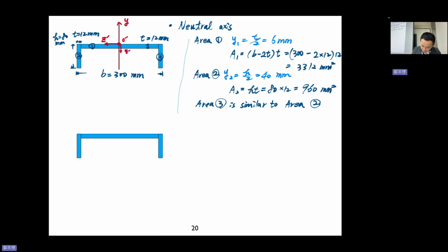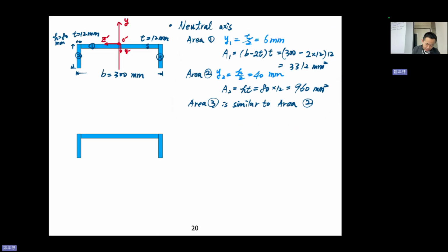Now, let's determine the neutral axis. Neutral axis here is the centroid, right? So the centroid will be sigma yi ai divided by sigma ai.